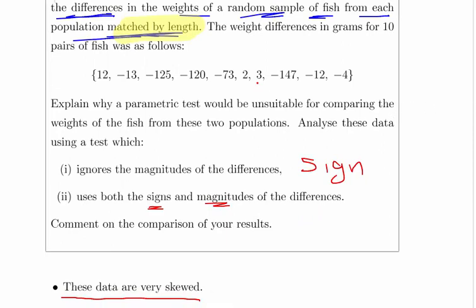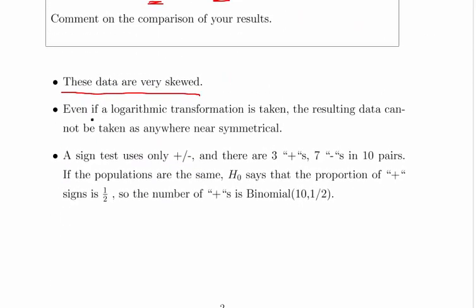Something I should mention here is that if applicable, and in this case the logarithmic transformation wouldn't be applicable, in many cases it might not get the data to the state where you can do a parametric test. So it doesn't work in each case.